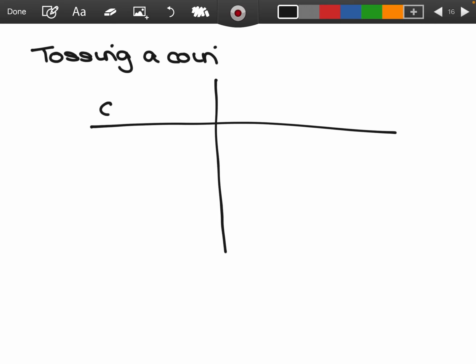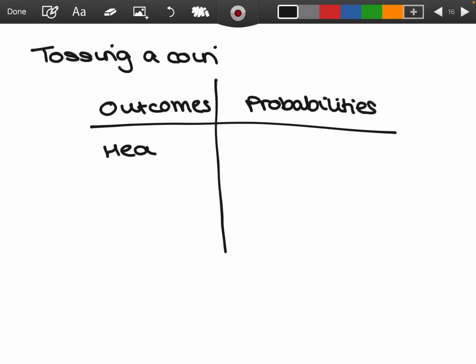Okay, for tossing a coin, I've got my outcomes on the left, my probabilities on the right. So my outcomes are either heads or tails. The probability of heads happening is 1/2 and the probability of tails happening is 1/2.